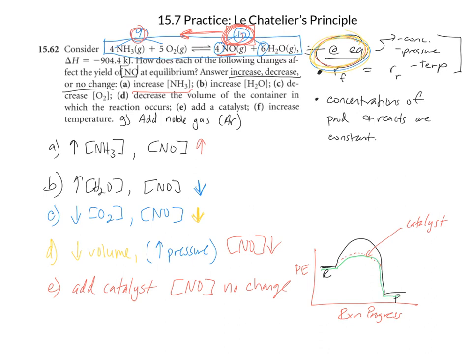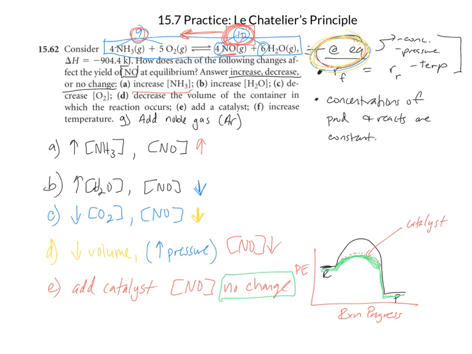That much energy is needed. If I'm going from products to reactants, it's still at the same catalyst barrier. Nothing changes really. So there's no overall net shift. Okay, so no change with the catalyst.